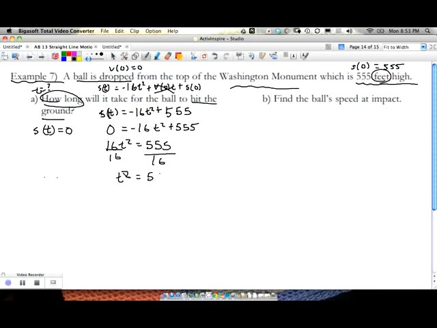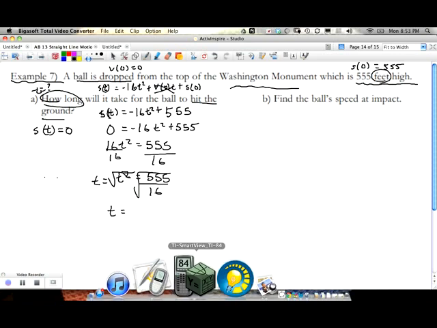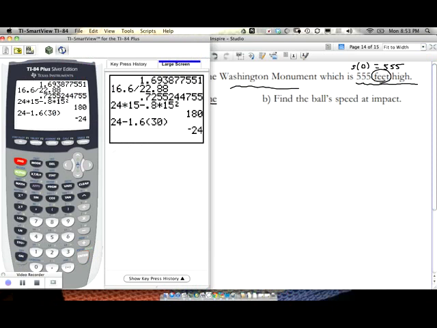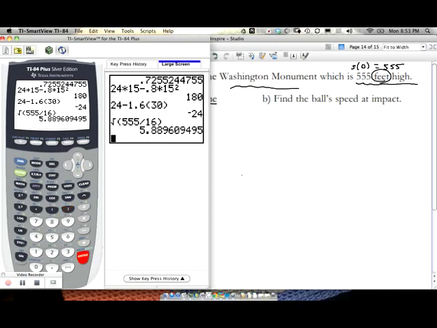T squared equals this fraction. And then the real question is, what's the square root of that fraction? Because that's what equals t. So let's calculate that with the trusty old calculator here. We're going to be doing the square root of 555 divided by 16, and we get 5.8896.